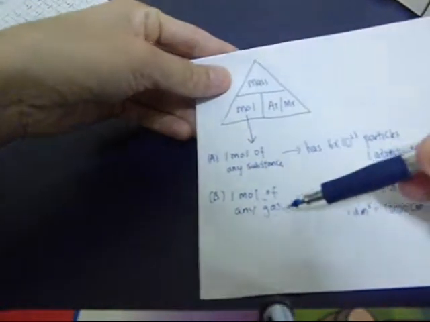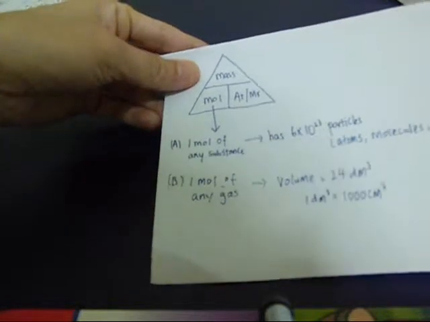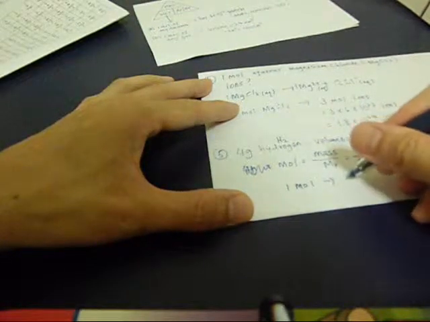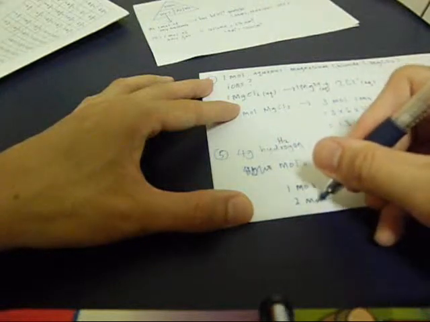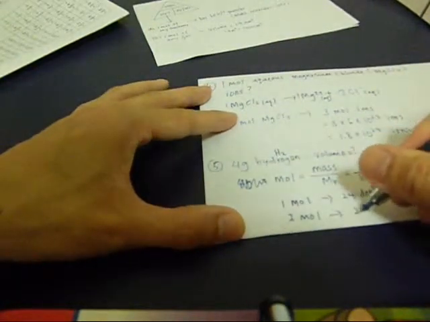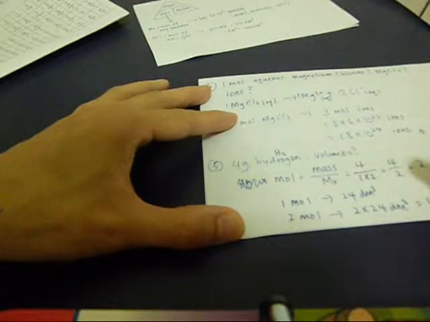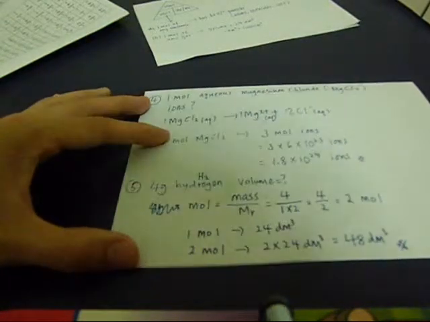Now 1 mole of any gas has a volume of 24 dm cube, so 2 mole is 2 times 24 dm cube, which is 48 dm cube. And that would be your answer.